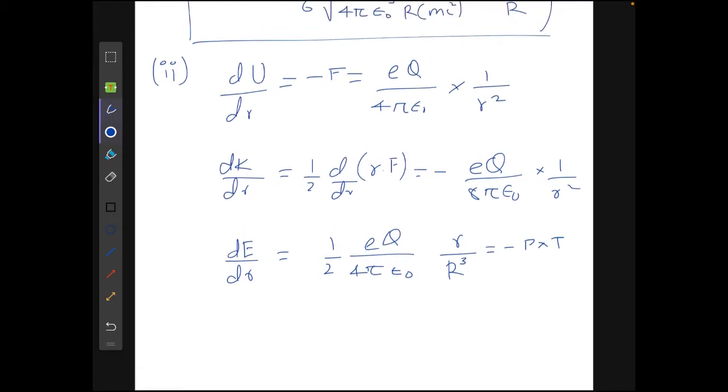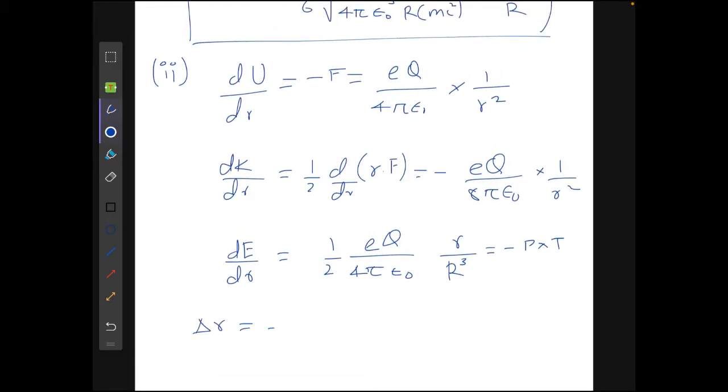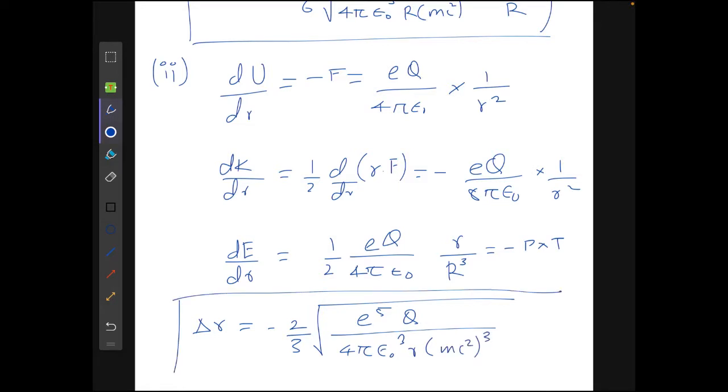Working out just as in the last part, we get delta r equal to minus 2 by 3 root of e to the power 5 Q over 4 pi epsilon naught cubed multiplied by r into mc square, whole cubed. So yeah, these are the two major answers.